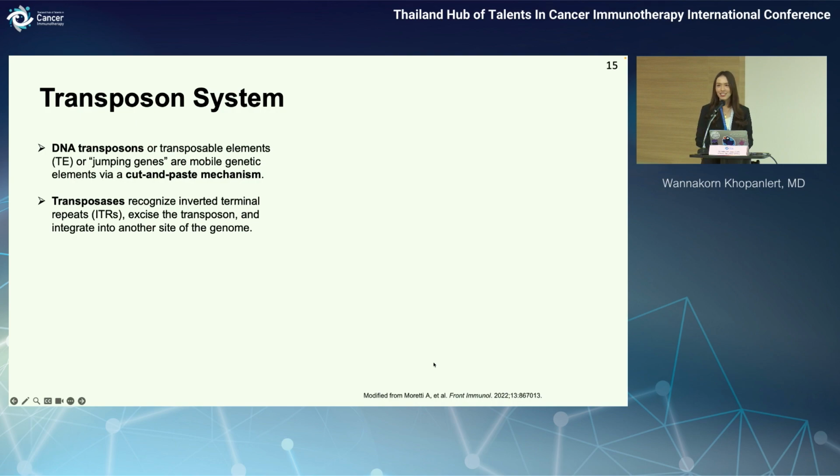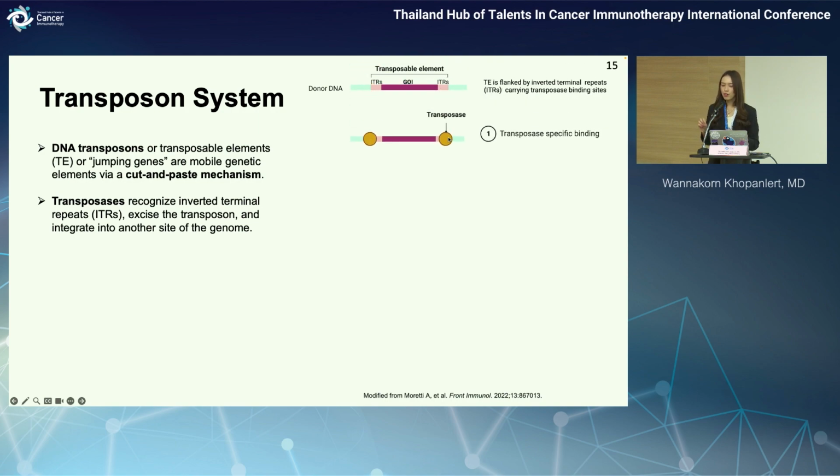The first one is the transposon system. DNA transposons are units of DNA that can change their position within the genome via a mechanism we call cut and paste. They are flanked by inverted terminal repeats. The transposase enzyme recognizes the ITRs and binds to these binding sites.